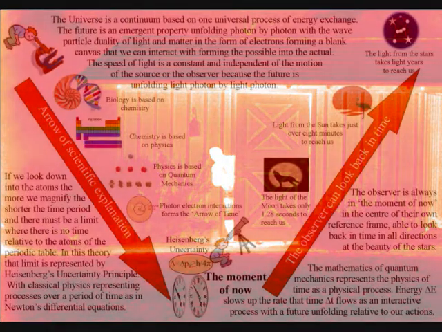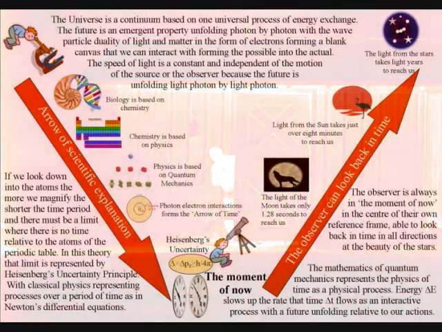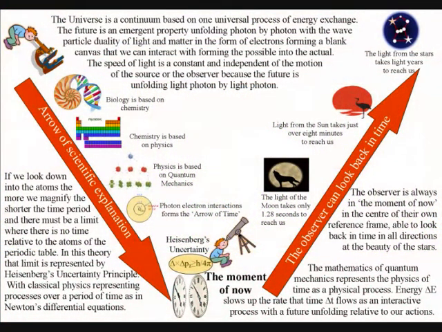This is difficult to comprehend, but if we take a person observing electromagnetic waves in the form of starlight, they are able to look back in time, in all directions, at the beauty of the stars, from the center of their own reference frame. The further out into deep space they look, the further back in time they can see.